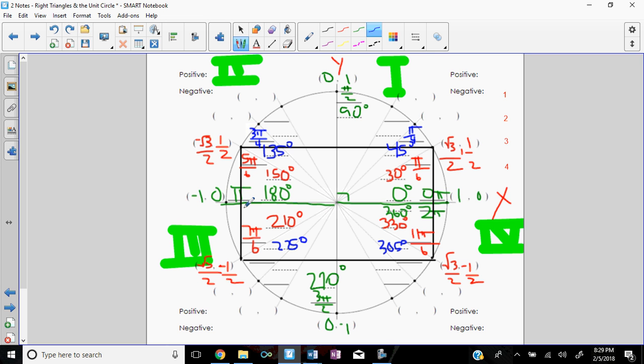And then the other 45 will be 4 pi over 4, which again reduces to pi. This is going to be 5 pi over 4. This is going to be 6 pi over 4, but again, that reduces to 3 pi over 2. And then this angle here is going to be 7 pi over 4.